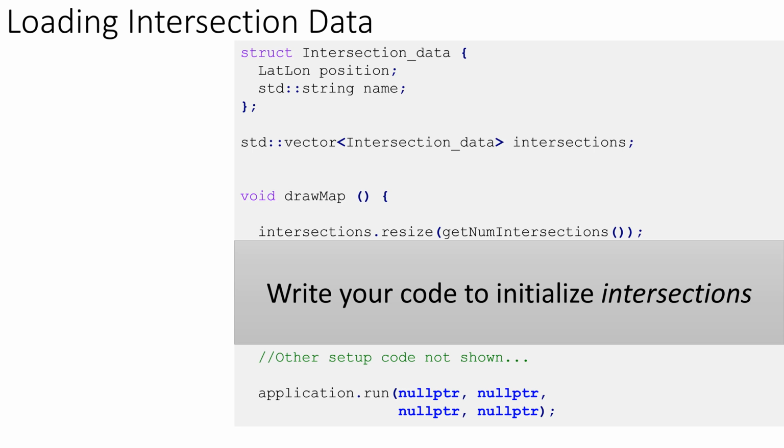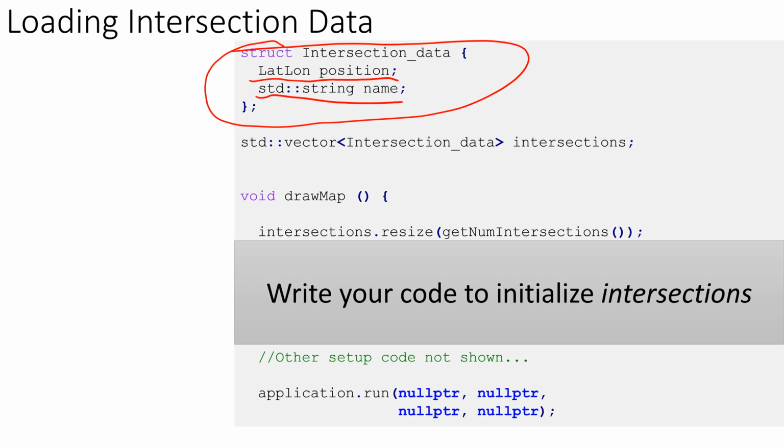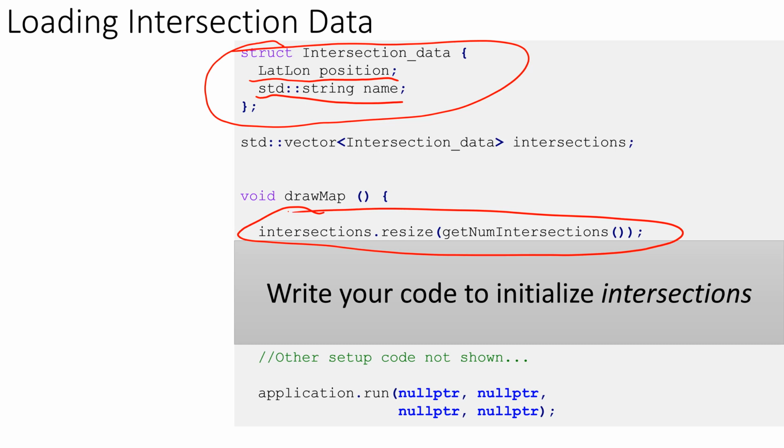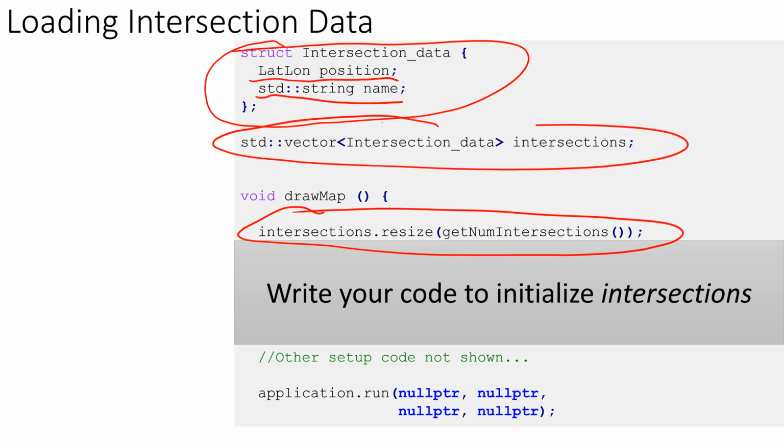So in order to organize my code, I'm going to make a little struct called intersection data. Intersection data has two things. It has the position, the latitude and longitude of an intersection, and it's got the name of the intersection. Okay, so in my draw map function, I'm basically gonna make another global variable.